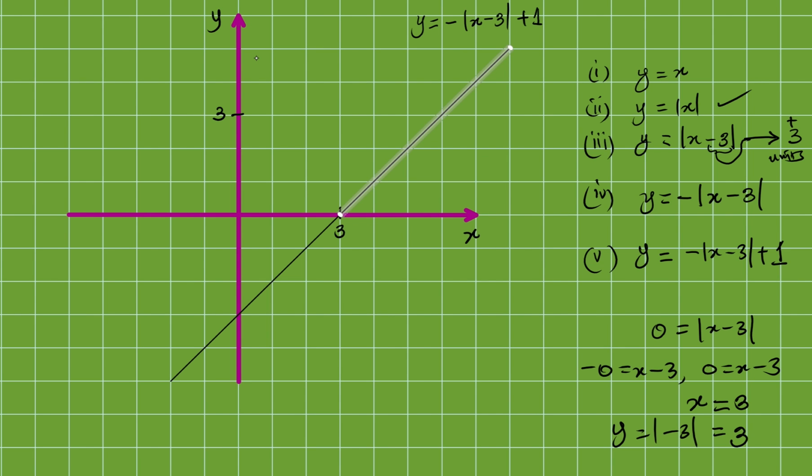So now we know. So bring it down. And then we expect it to go through 5 and then 8, isn't it?